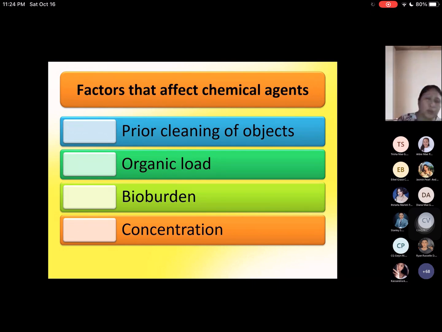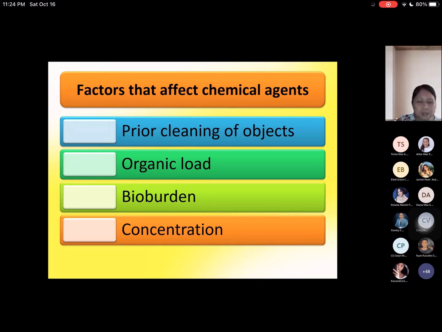For example, if you need to disinfect your tables, you need to have prior cleaning of objects. If there are leaves, if there is dust, that is one of the factors that affect chemical agents, prior cleaning of objects.